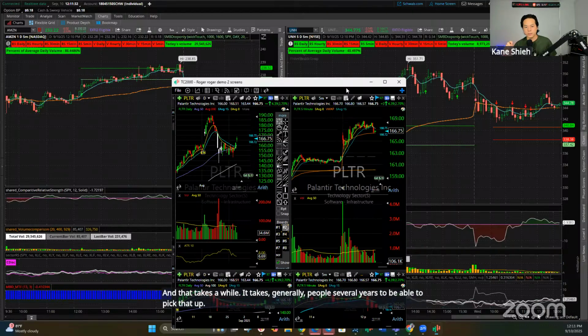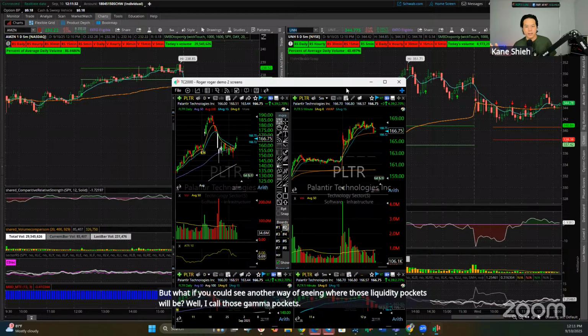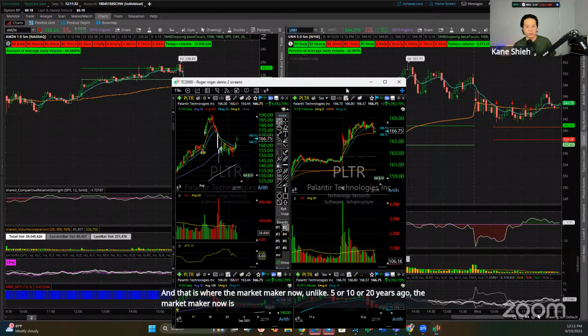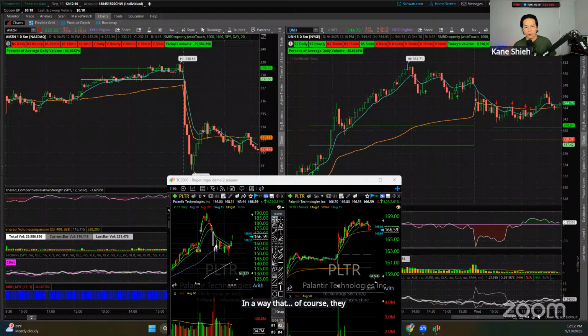But what if you could see another way of seeing where those liquidity pockets will be? Well, I call those gamma pockets. And that is where the market maker, unlike 5 or 10 or 20 years ago, is now adding their liquidity to the markets in a major way. Of course, they've always done it, but now their volume is so big that it actually pushes the underlying up and down through areas of low liquidity to areas of high liquidity.